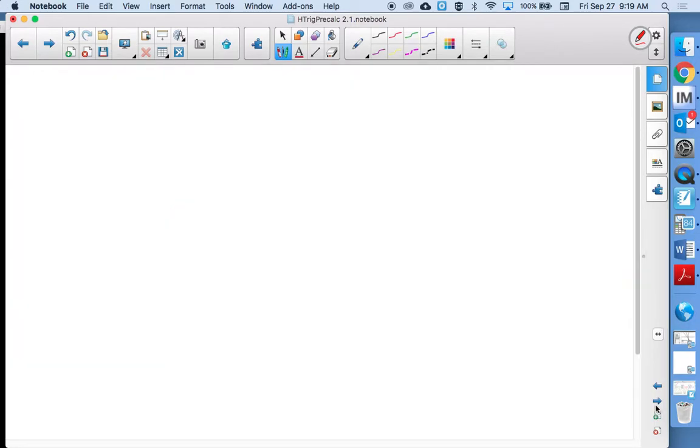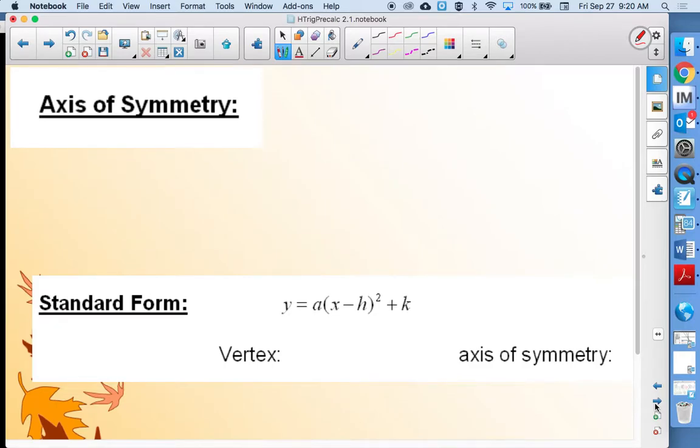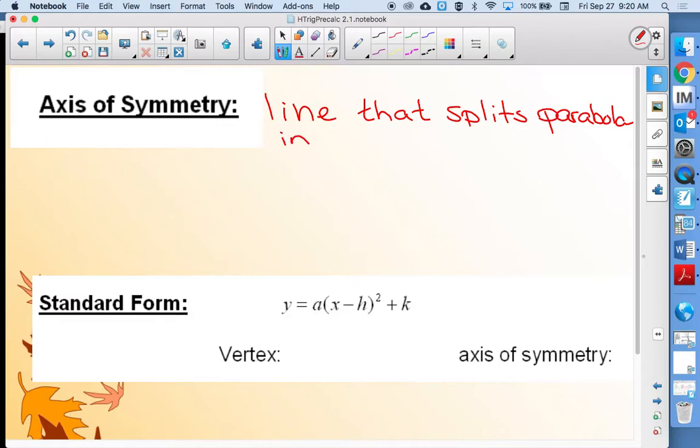So the axis of symmetry is a line that splits the parabola in half. And it'll always pass through the vertex.